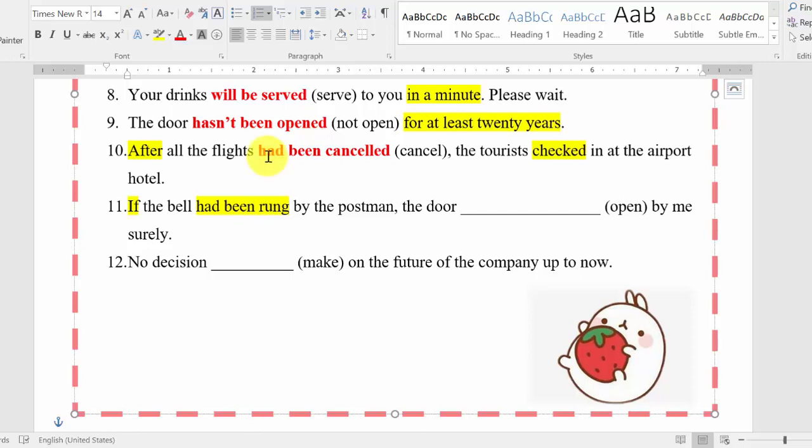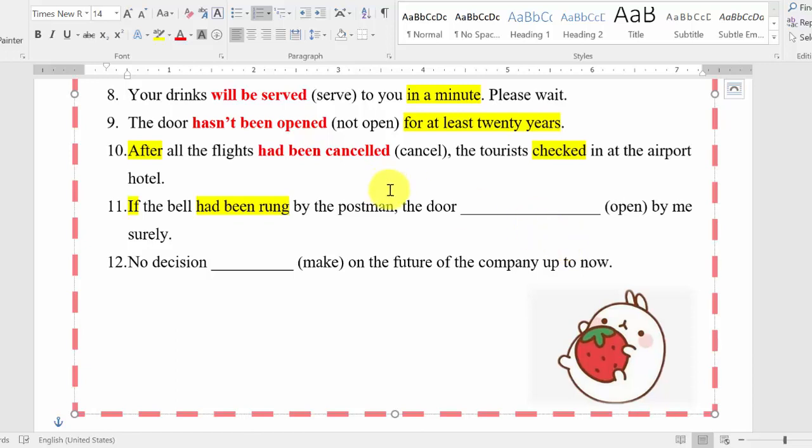So if conditional, past perfect, it should be the third type, impossible. If it is impossible, past perfect tense, the other part should be would have PP for active. For passive, it should be would have been PP.